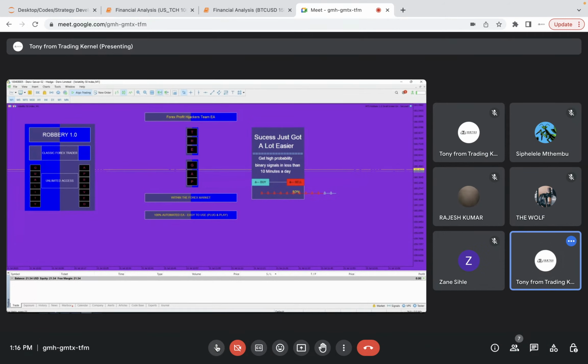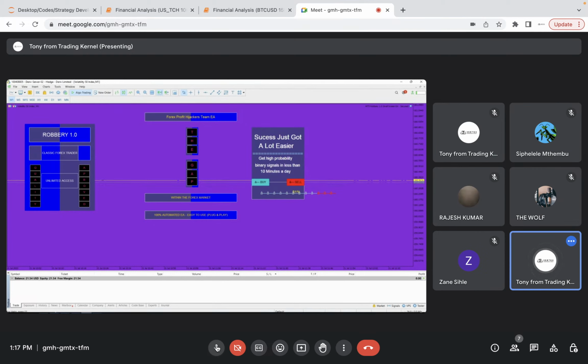Mr. Wolf, just click on the arrow button and share your entire screen. I believe everyone here is allowed to present.